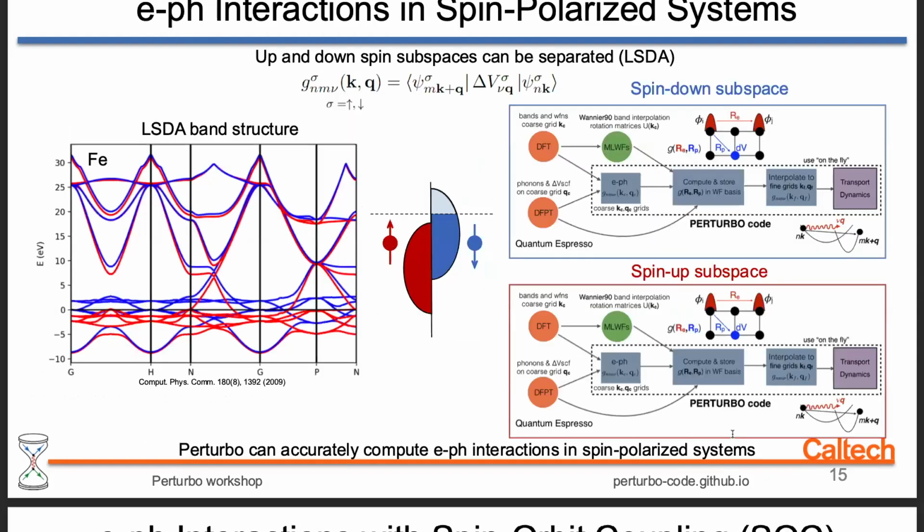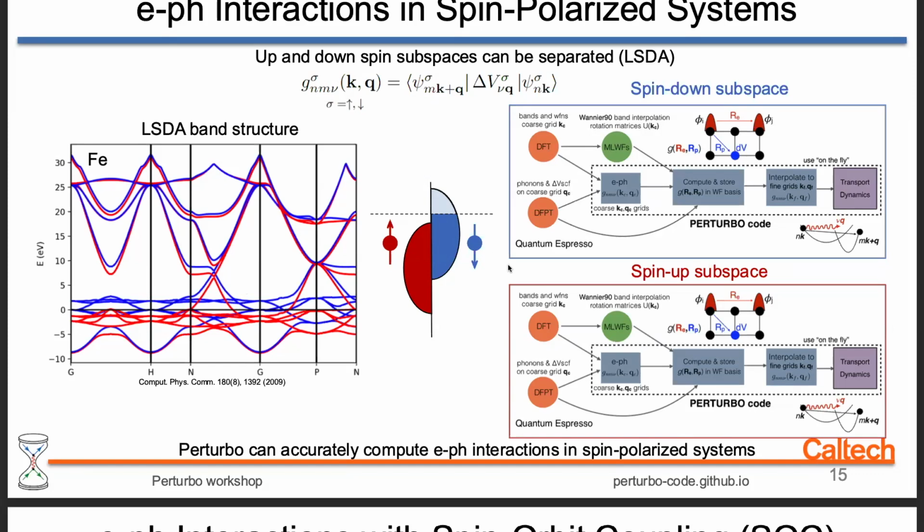And then in the case of spin polarized systems, so this would be the LSDA approximation in DFT, you essentially have two decoupled spin up and spin down subspaces. And so there will be a coupling for each of them, associated with the Kohn-Sham potential felt by a certain spin and the wave functions for a certain spin.